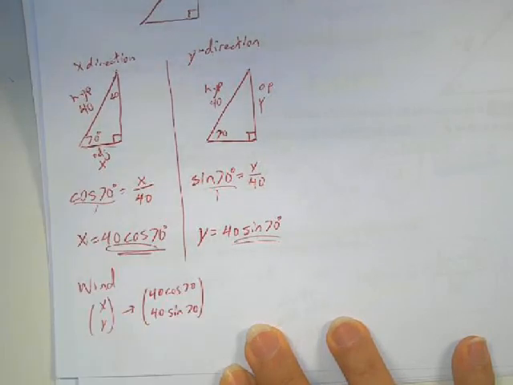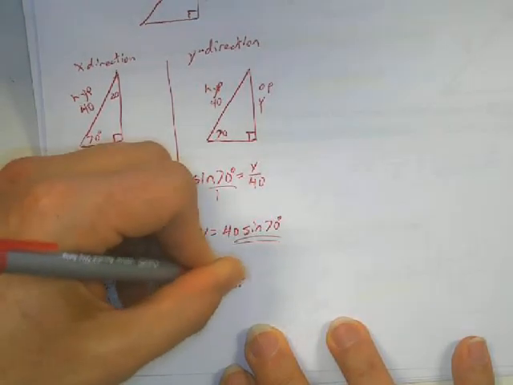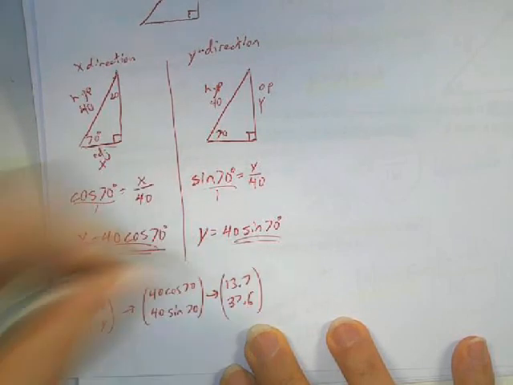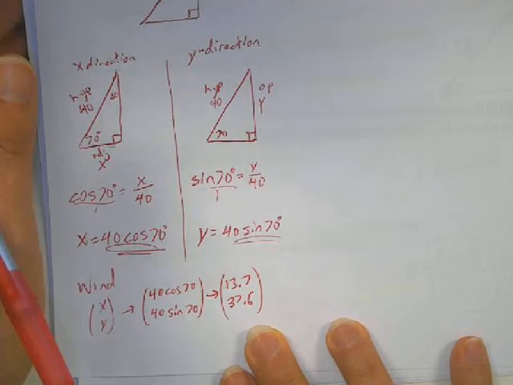And that simplifies in the calculator to 13.7 over 37.6. Okay, so that's the answer for A, the velocity of the wind as a column vector.